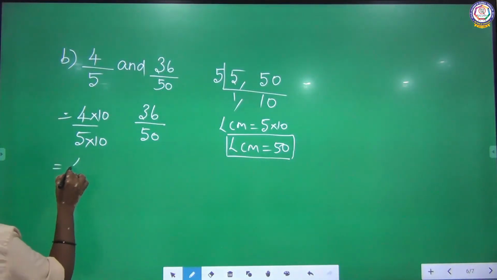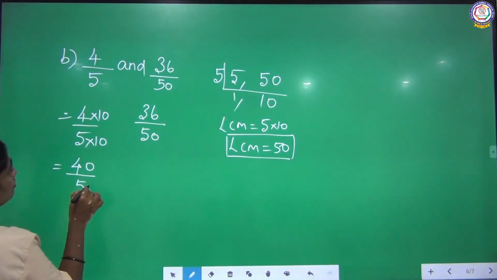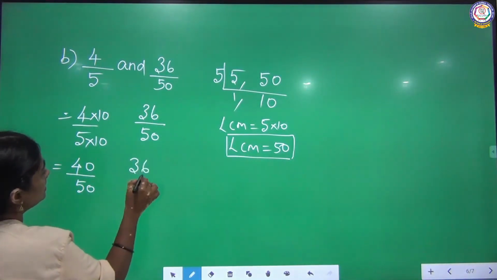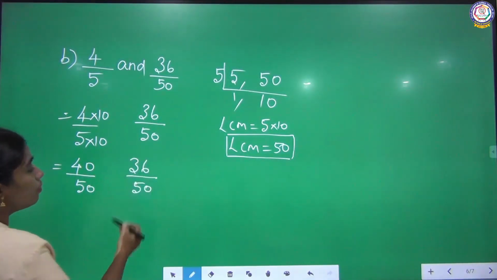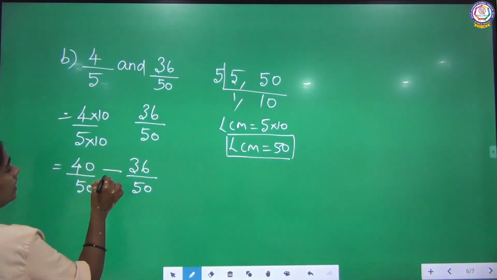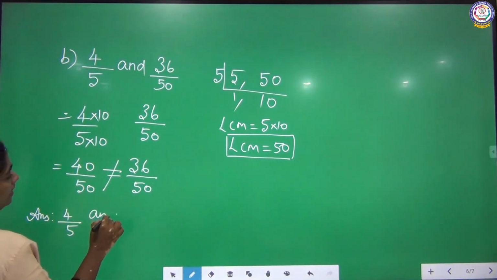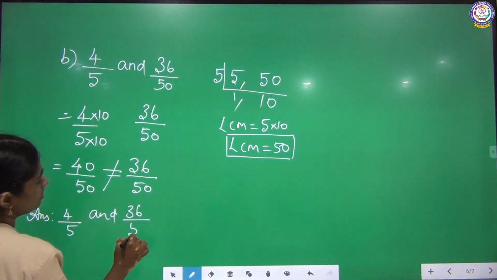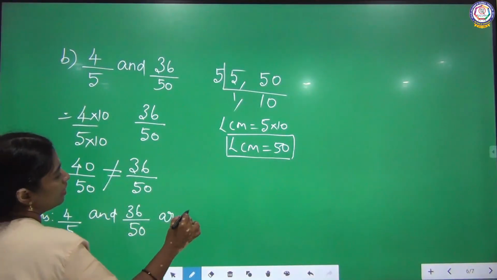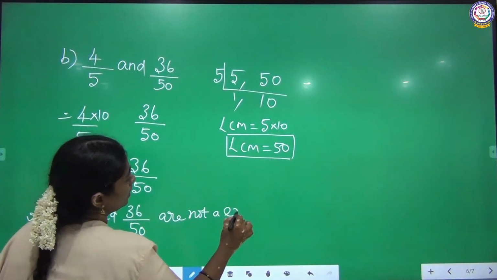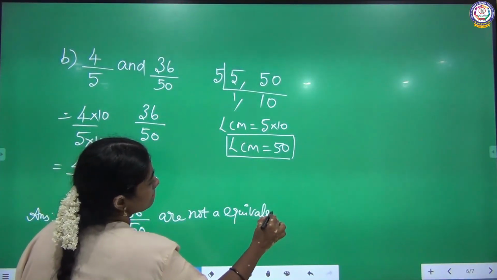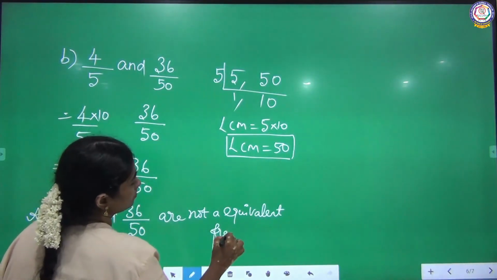So listen, what is that? 40 by 50. Here what? 36 by 50. Whether both are equal? No, it's not equal. 40 by 50 is not equal to 36 by 50. So what am I going to write? Answer: 4 by 5 and 36 by 50 are not equivalent fractions.